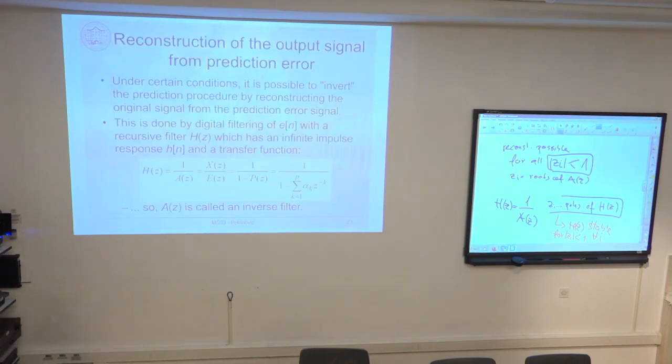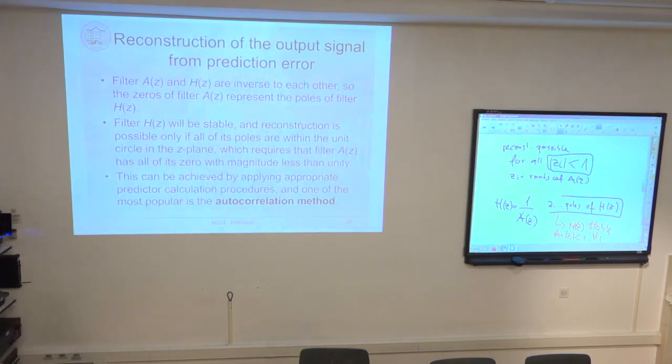Okay. Enough of that. Now let's introduce one way we can compute these coefficients, using the so-called autocorrelation method. As we will explain, this autocorrelation method guarantees the stability of the reconstruction.